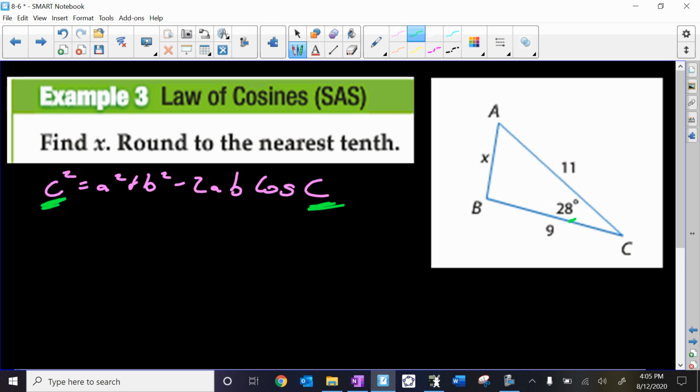So my angle measure is 28, the side length across is x. So x is going to go by itself. X squared equals a and b, it doesn't matter, those are your two other side lengths. 9 squared plus 11 squared minus 2 times 9 times 11 cosine of 28.